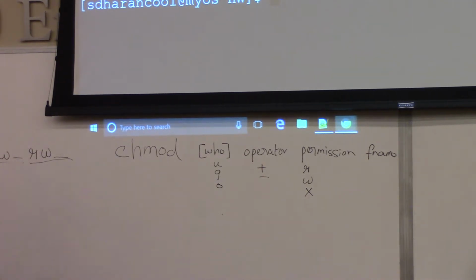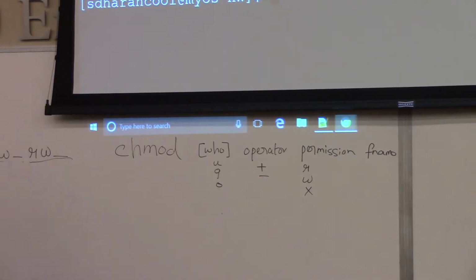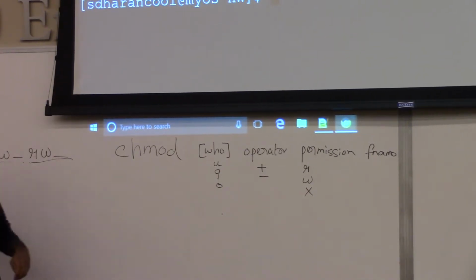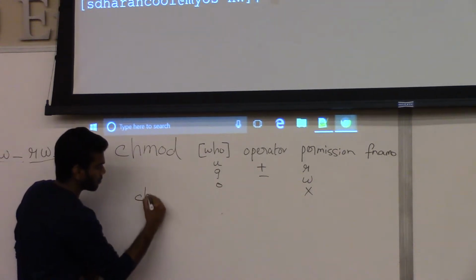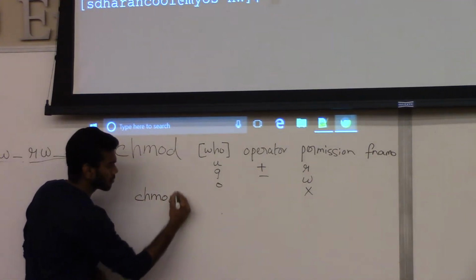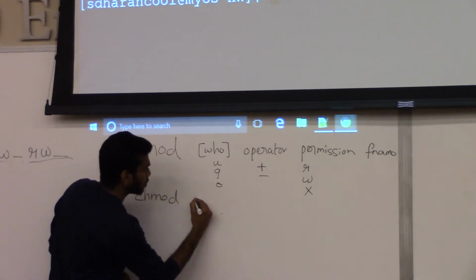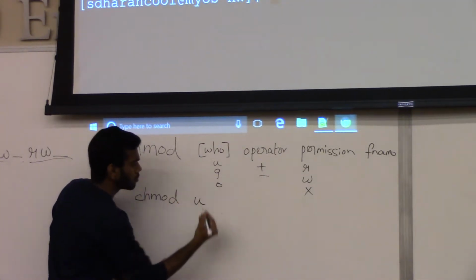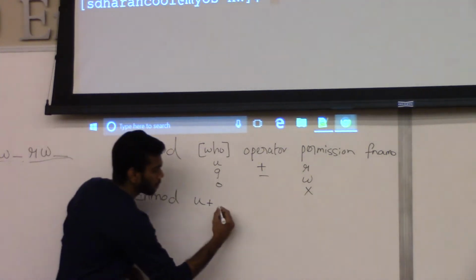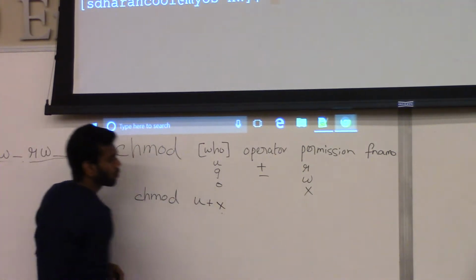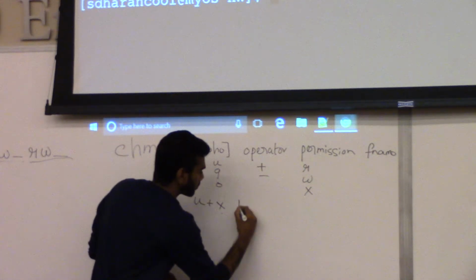So if I need to give the executable permission for the user to the PBB file, it will be like this. Who is the user? I need to add, so I'm giving plus executable permission and the file name.